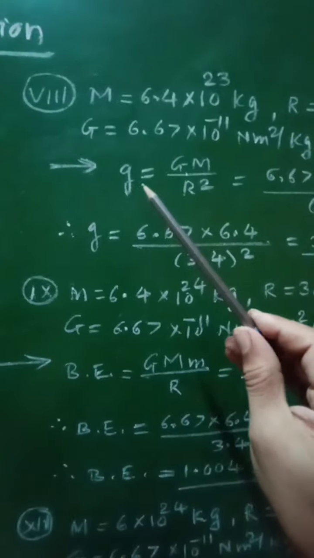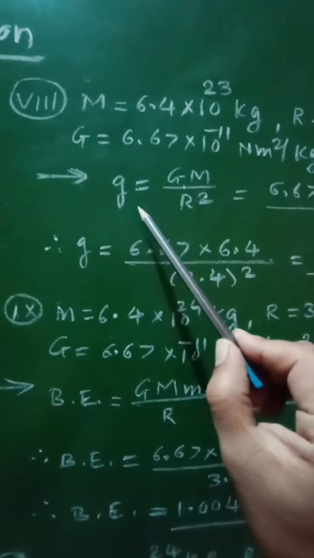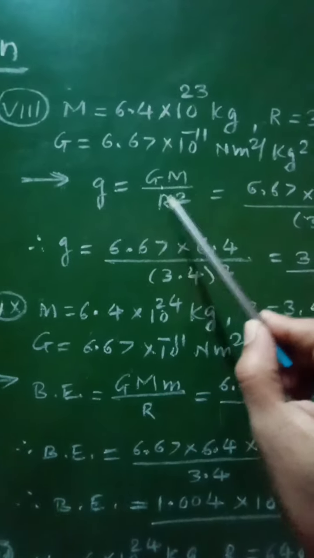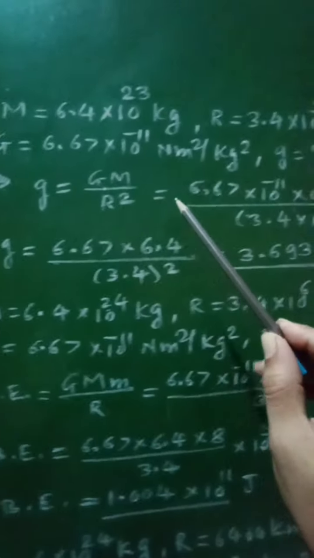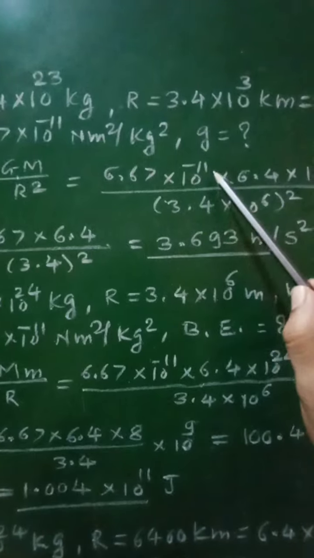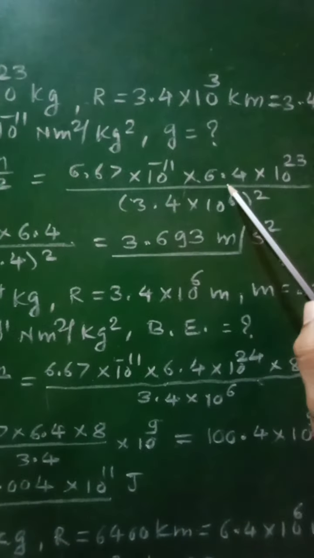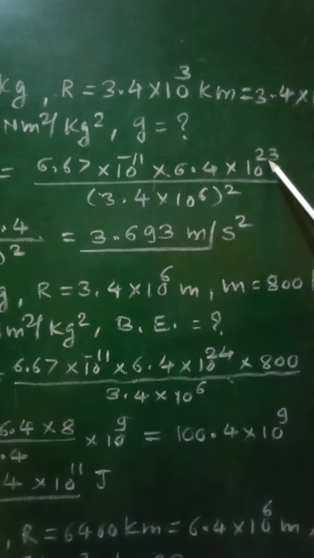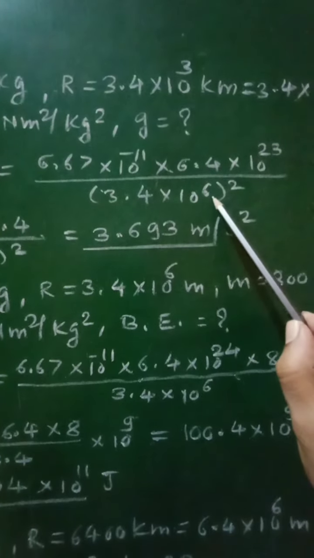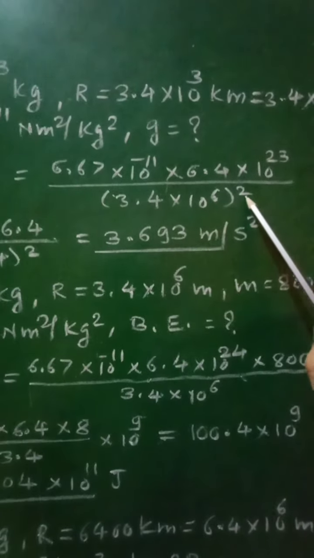We know the formula for acceleration due to gravity, that is g is equal to GM by r square. Putting the values, we will get 6.67 into 10 raised to minus 11 into 6.4 into 10 raised to 23 upon 3.4 into 10 raised to 6 whole square.